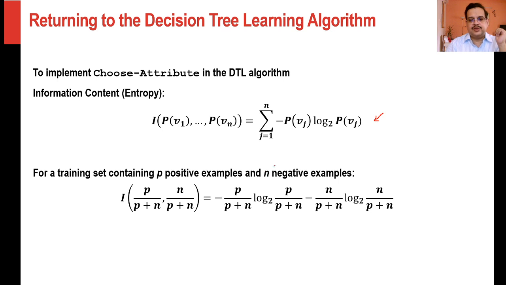So for example, if I have in my initial data set p yeses and n nos, then my entropy is this, the one that you see here, using the formula that we saw just now.